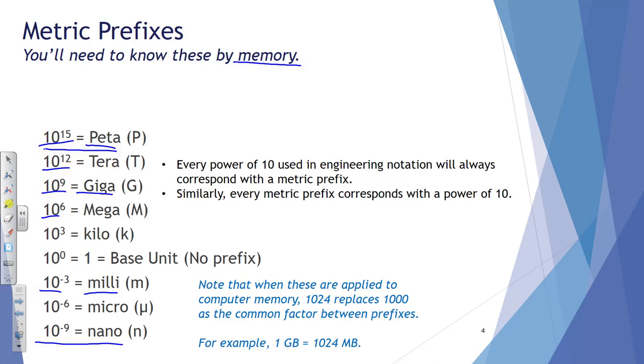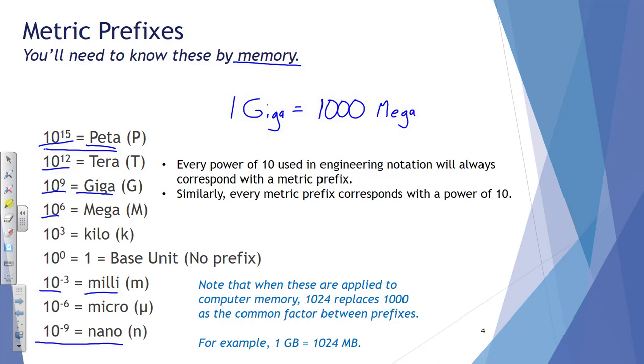It's also worth noting that even though each of these is 10 to the 3rd larger than the one below it, in other words, it's tempting to say that 1 giga is equal to 1,000 megas? Strictly speaking, that's true.